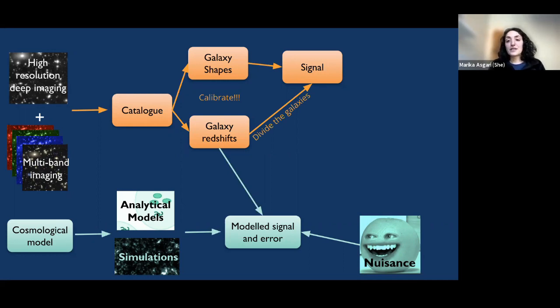The nuisance effects such as intrinsic alignments of galaxies, which can mimic the cosmic shear signal, because galaxies could be intrinsically aligned because of the physical processes when they are formed, or baryon feedback, which can happen because of active galactic nuclei and jets pushing matter around, so that changes the matter distribution on smaller scales, or effects such as uncertainty in the calibration of the two components here.